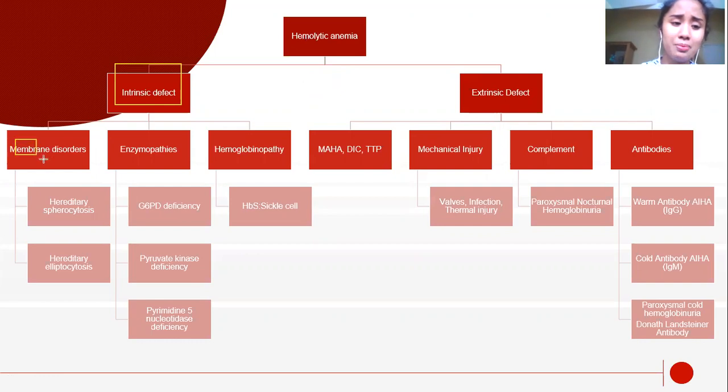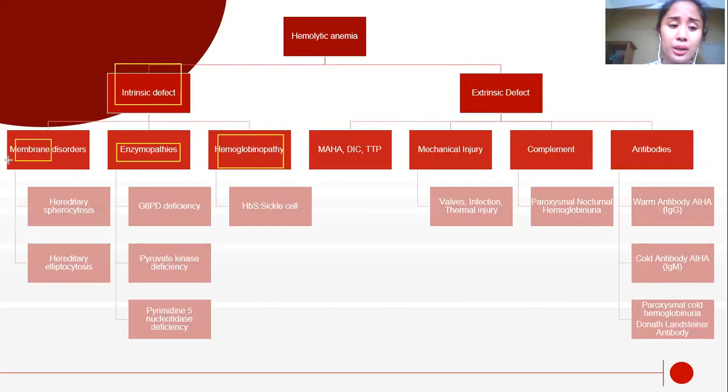It contains cholesterol, proteins, lipids, carbohydrates, may enzymes, di ba? In heme synthesis. Yan. May hemoglobin. Those are the intrinsic defects. There's something wrong inside the red blood cell mismo. That's why there is premature breakdown of your red blood cell.